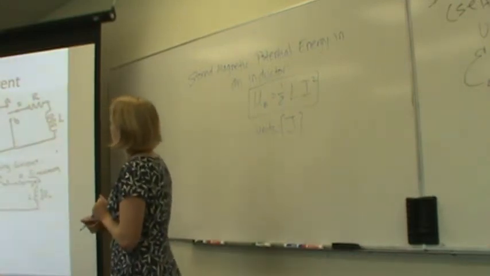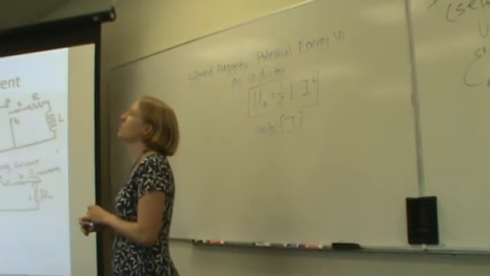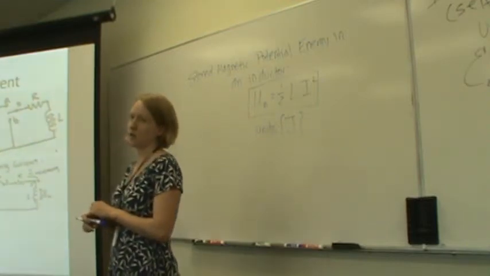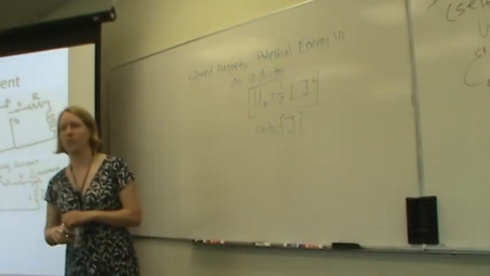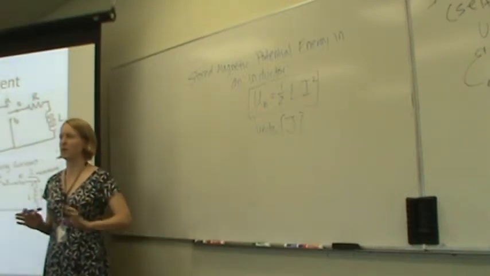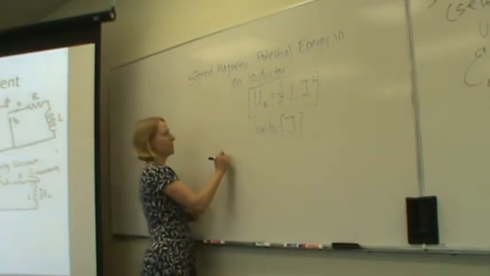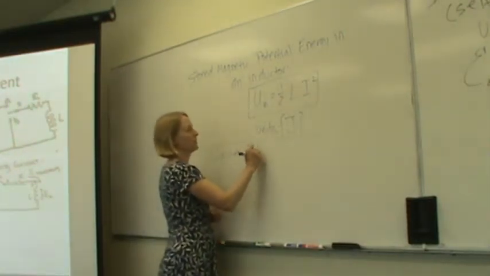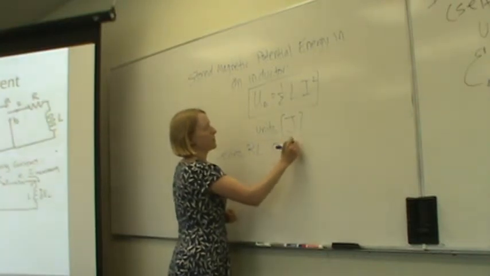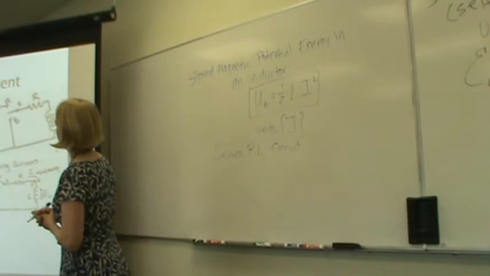Okay. So this is what they call the series RL circuit we're going to analyze. We're not going to talk about other types of RL circuits. It's series because the resistor and the inductor are in series with each other.